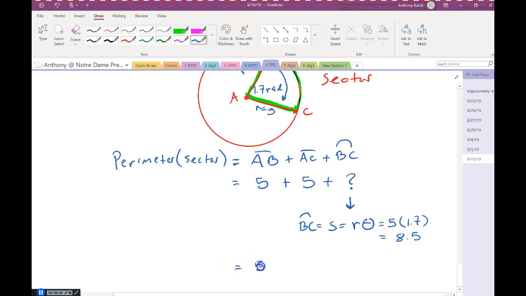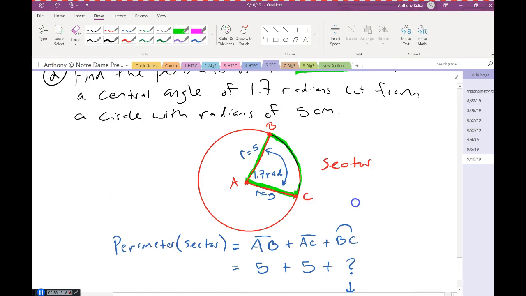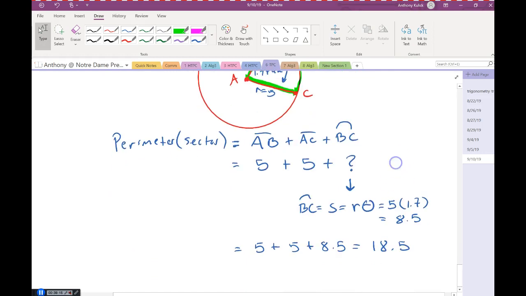So here we have 5 plus 5 plus 8.5. So that's 18.5, and I think we said the unit here was in centimeters. So we have 18.5 centimeters. Is everybody okay with that idea?